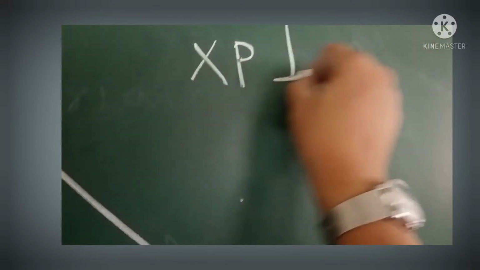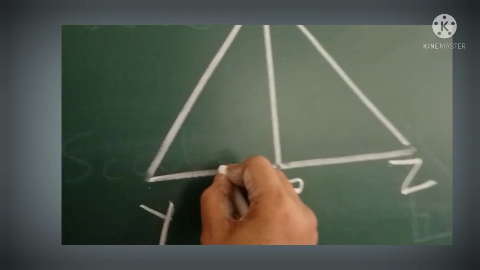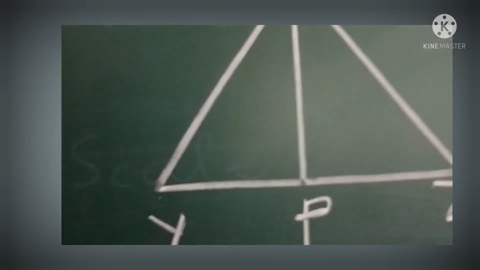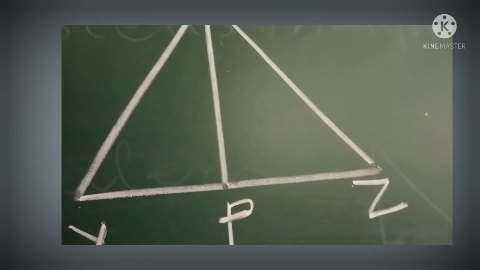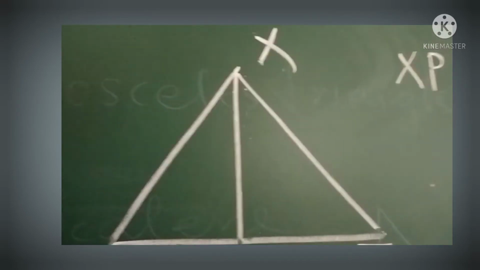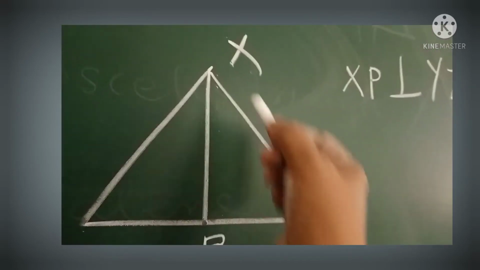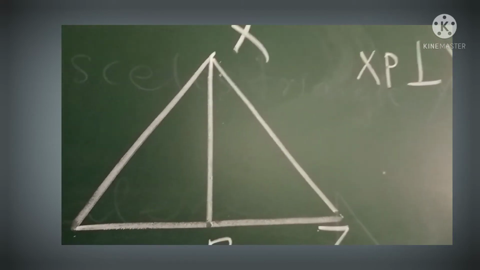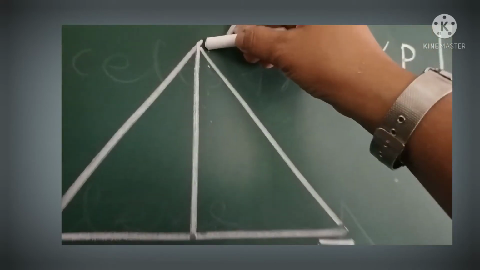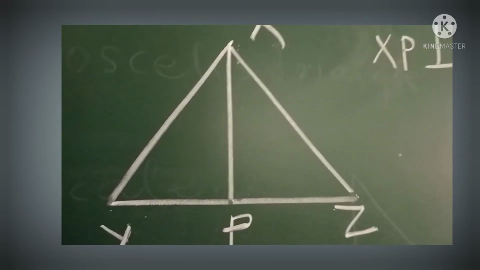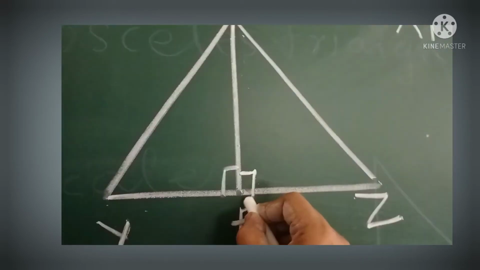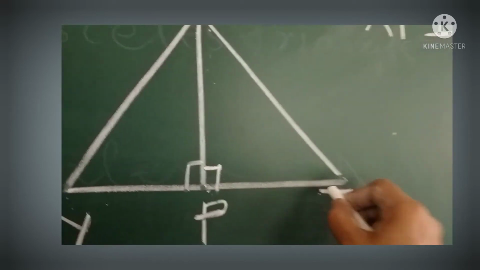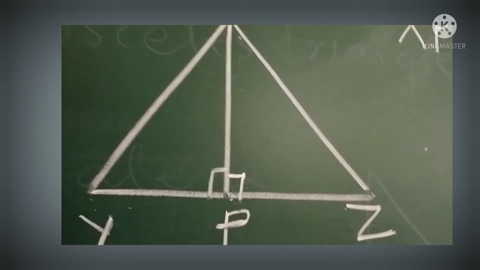It may divide YZ into equal parts or may not. It is not compulsory. In some triangles, median and altitude are equal. But the main concept of altitude is the perpendicular from one vertex to the opposite side. So here these two angles are 90 degrees. Angles XPY and XPZ are 90 degrees.